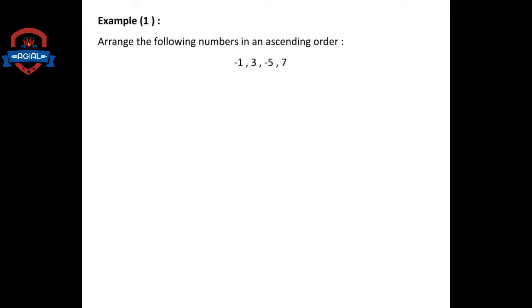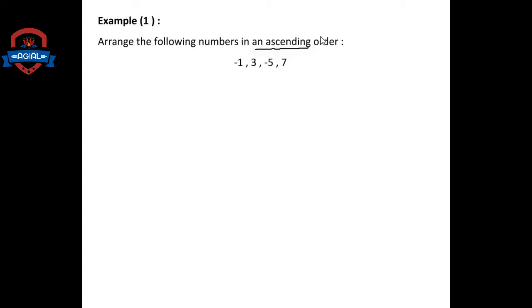Example number 1, arrange the following numbers in an ascending order. We have -1, 3, -5, and 7. So if we need to arrange these numbers in an ascending order, we start with negative numbers.